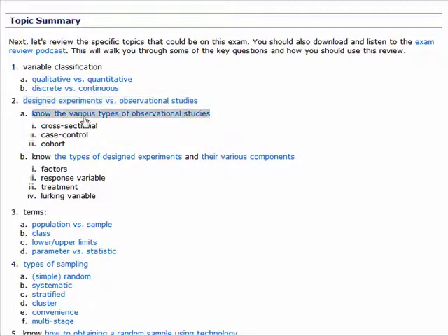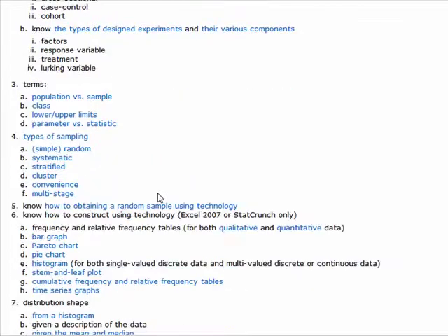We might have some questions about types of observational studies, so take a look at those links. There will definitely be a question about a type of designed experiment, and there are those components. Typically what I do is I give you a description of an experiment and ask you to list each of these three or give an example of each of these three, things like that.